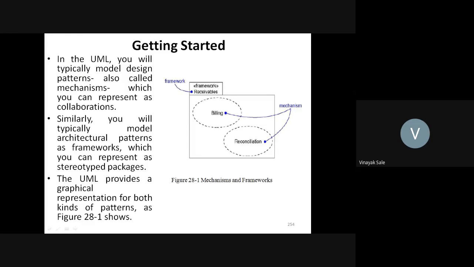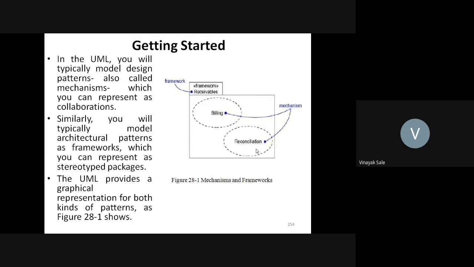In this introduction to patterns, this figure shows mechanisms and frameworks. In UML, you will typically model design patterns, called mechanisms, which you can represent in the form of collaborations. These elliptical shapes are known as patterns or mechanisms, and each has a particular name.